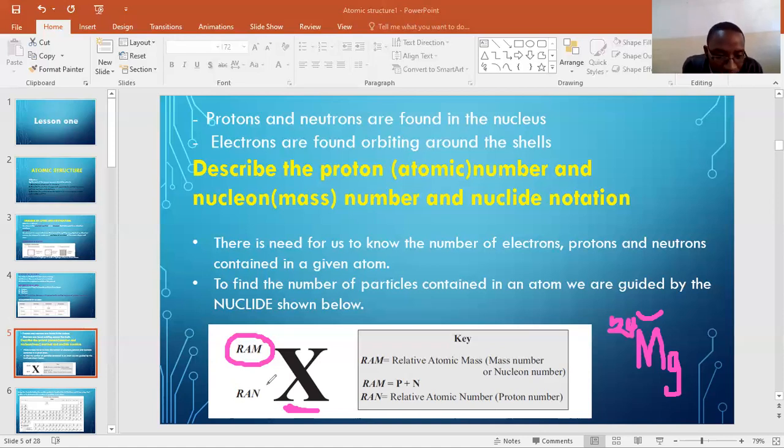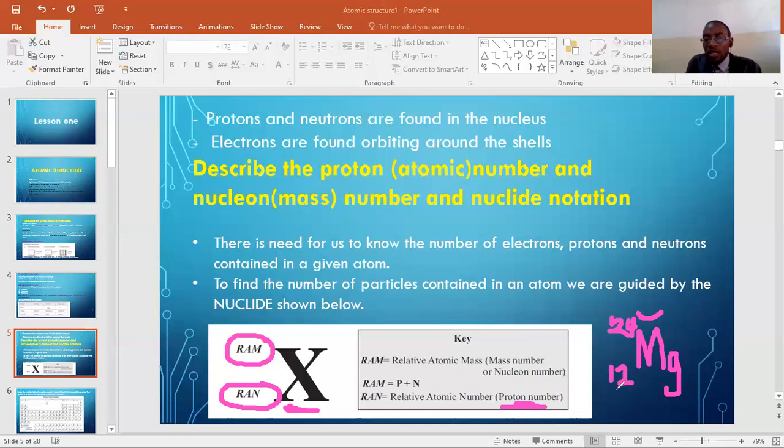Then we have another one here, which is the RAN. The RAN is the relative atomic number, which is commonly known as the proton number. So back to the Nuclide notation that I gave here for Mg24 on top, you're going to find a number of 12 at the bottom.